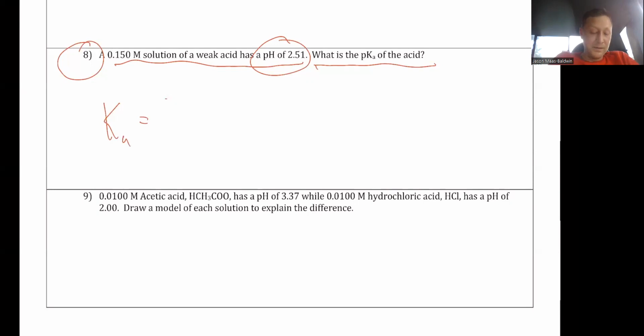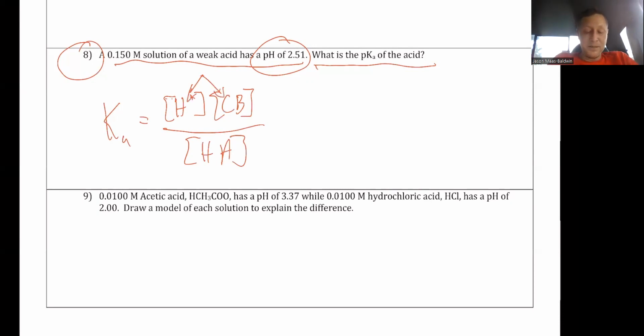So for this particular one, it's just a generic acid. So the Ka is equal to H+ times the conjugate base concentration over the acid concentration. And we know that these two are equal, and we can figure out the H+ by just taking 10 to the minus pH.